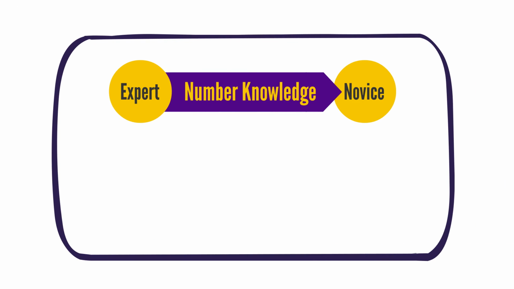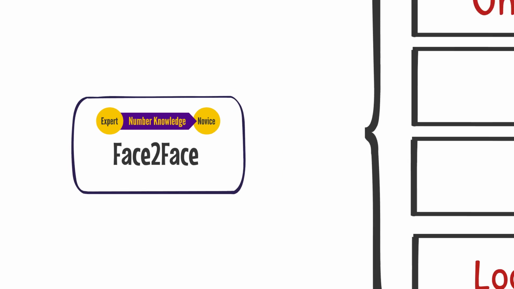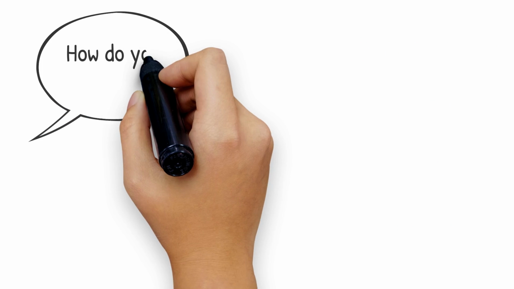In many ways, the whole point of Winning with Numbers is to support a school, support a teacher, getting the basic number knowledge across from expert to novice. And so if you're doing a daily face-to-face session as part of that at the moment, then keep explaining and giving children the understanding that sits behind the instruction.